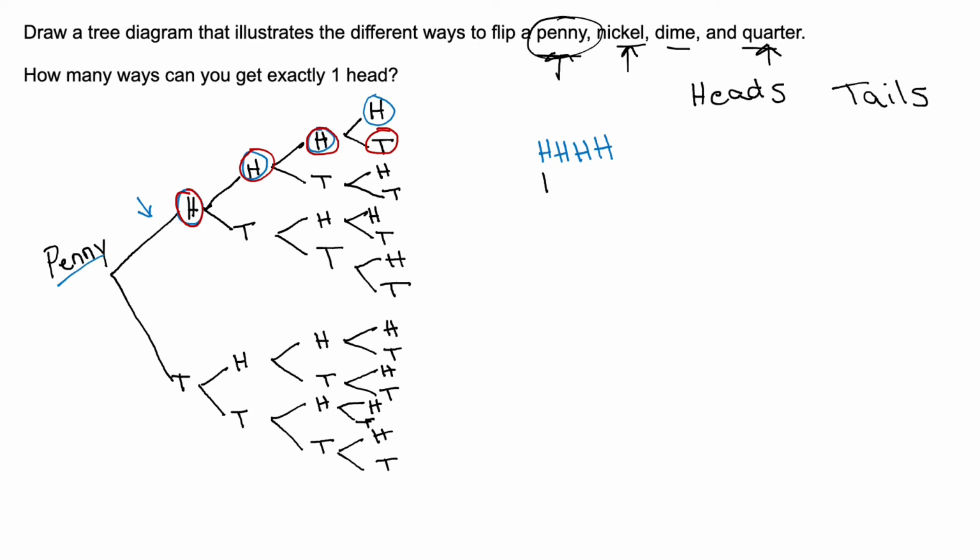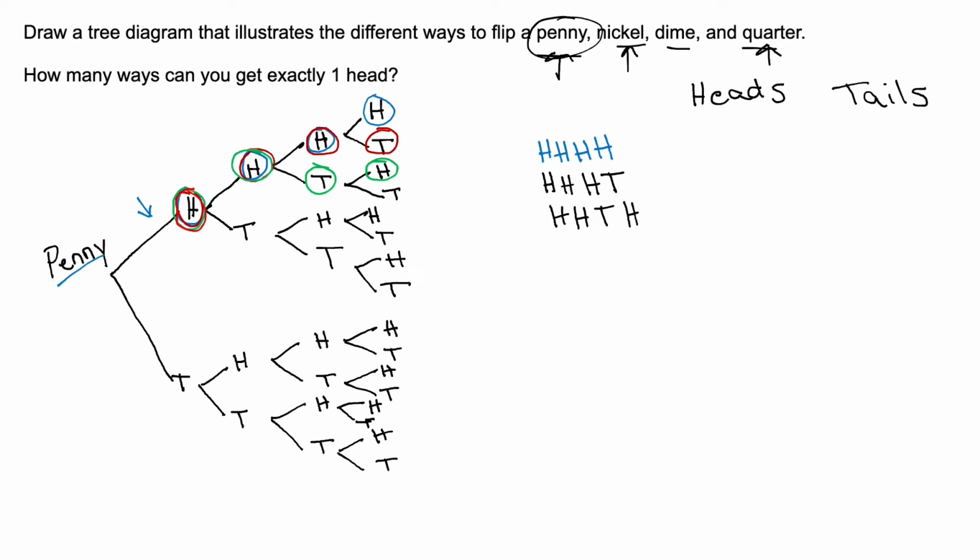So now I have H, H, H, T. Next, I can have heads, heads, tails, and heads. So this is H, H, T, H. And notice I'm taking a systematic approach. I'm doing all the heads first, then after each branch I'm doing the tails.